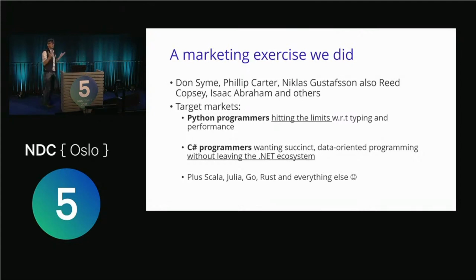We're after Python programmers, but we're not after all Python programmers, okay? The great thing about Python programmers is there's so many of them in the world. I only need to be able to address like 1% of them to have a really huge number of programmers, right? But Python programmers are absolutely hitting limitations with respect to typing, and with respect to performance in particular.